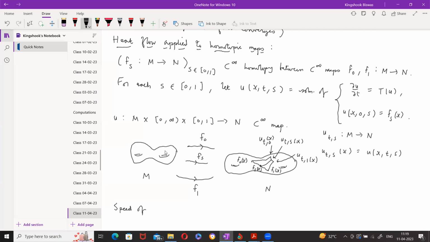So you can look at the speed of the homotopy at time t. If I'm looking at the speed of the homotopy, I have to differentiate with respect to the parameter in the homotopy, so the speed of the homotopy is the norm of del u del s.